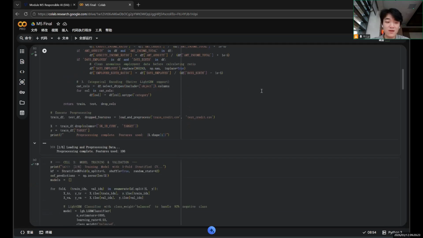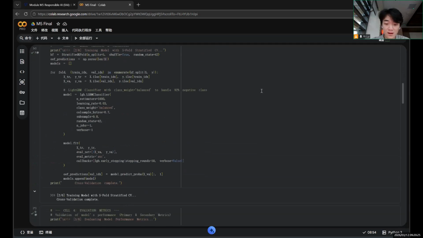To handle this, I engineered domain-specific financial features such as the credit-to-income ratio and the annuity-to-income ratio, which provide the model with logical behavior indicators rather than just raw numbers.